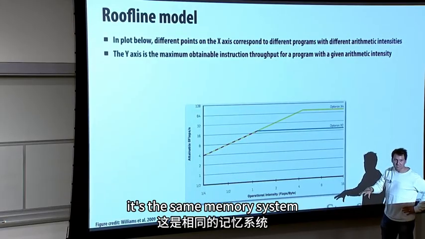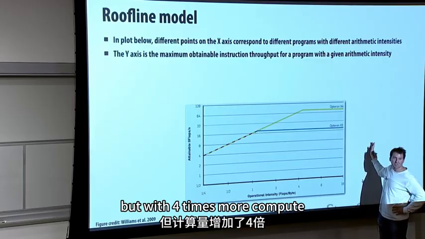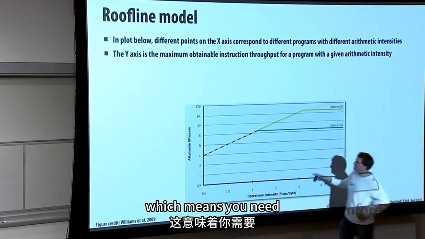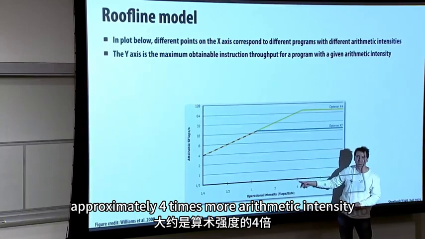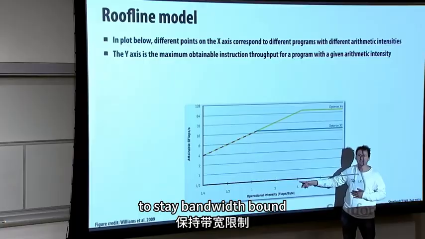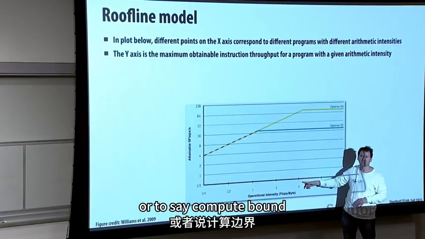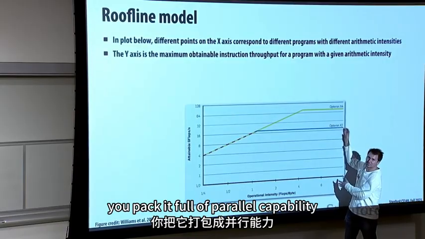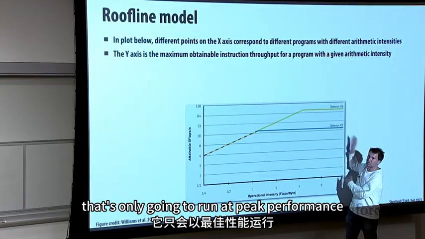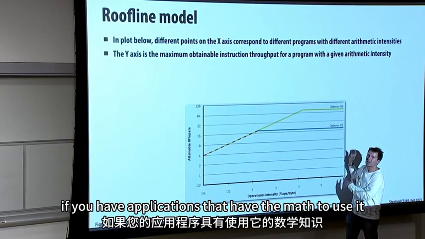It's the same memory system, but with 4 times more compute, which means you need approximately 4 times more arithmetic intensity to stay compute bound. Okay? So if you buy a computer, you pack it full of parallel capability, that's only going to run at peak performance if you have applications that have the math to use it.